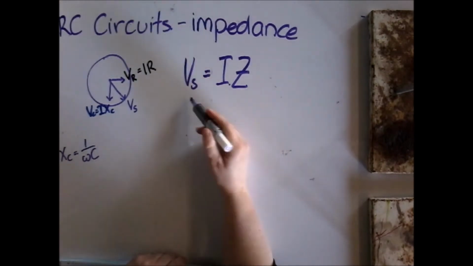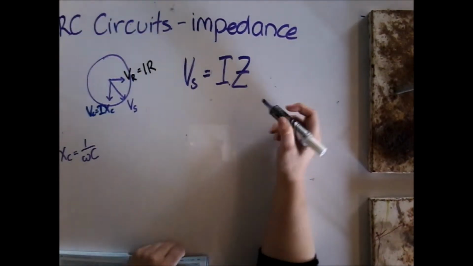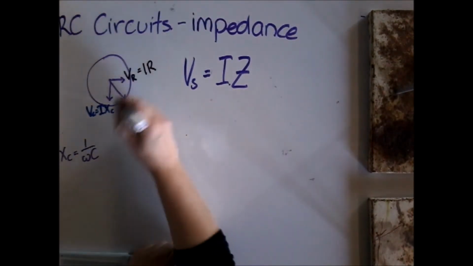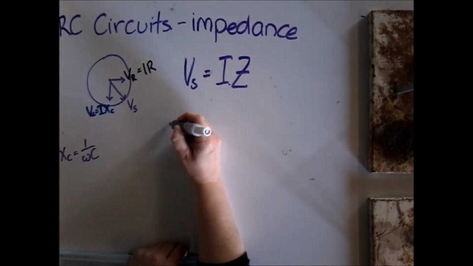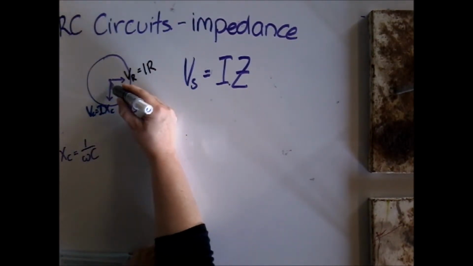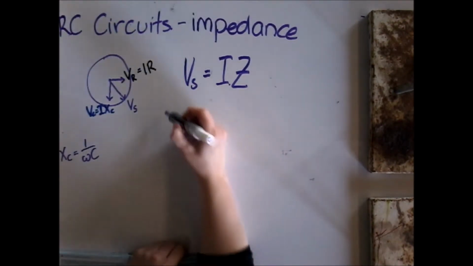Because if we know that this is true, it follows that we should be able to take this diagram and say that if this vector here equals IZ, I is common to all those things.